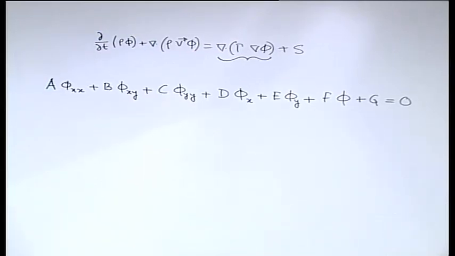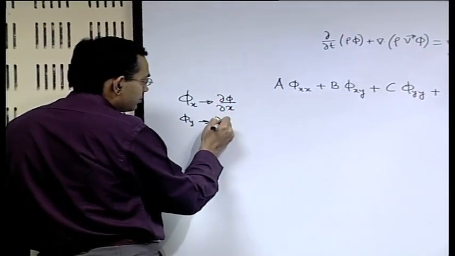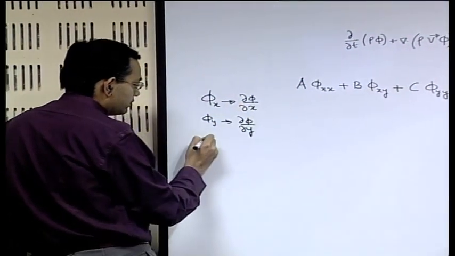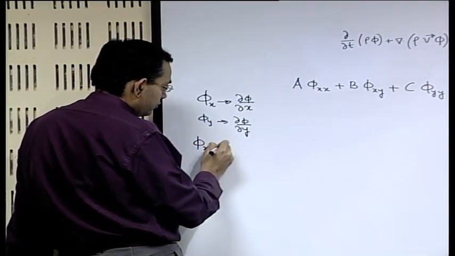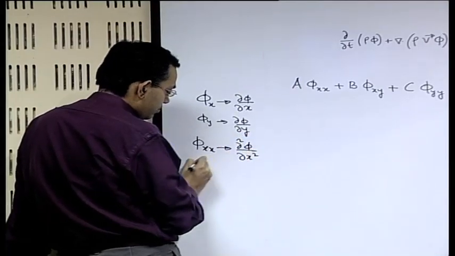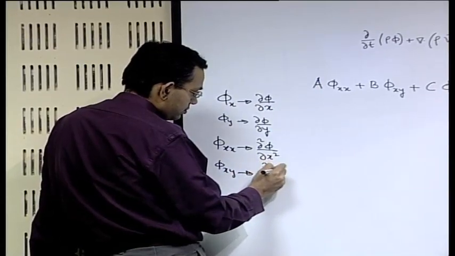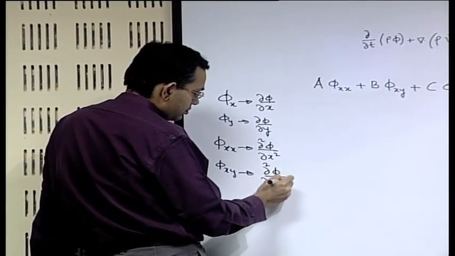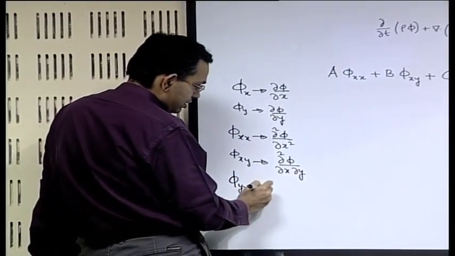where the notations are like this: phi x means del phi del x, phi y means del phi del y, phi x x means del square phi del x square, phi x y means del square phi del x del y, and phi y y means this.